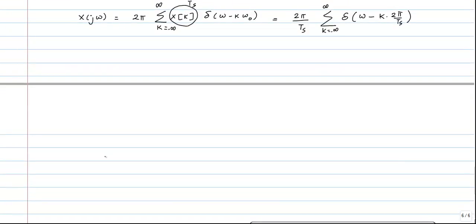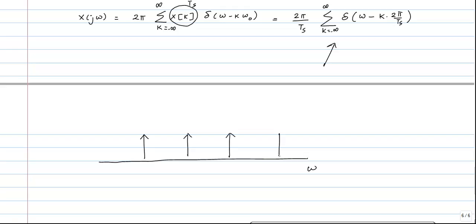Now, if we were to plot this Fourier transform, notice that this is also a train of impulses in the frequency domain. If I were to plot x of j omega versus omega, now what I get is a train of impulses.